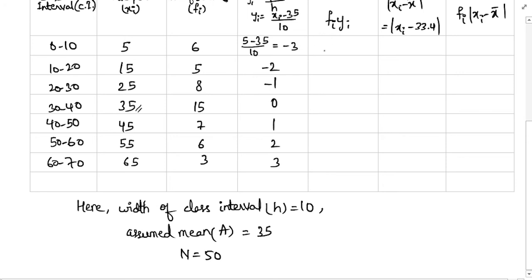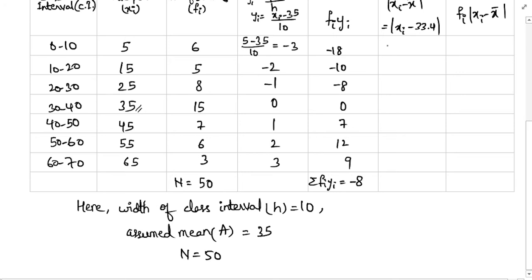Okay, so fi into yi, this will be 6 into minus 3, that is minus 18. This is minus 10, minus 8, 0, 7, 12 and 9. So the summation of this is minus 8. Okay, and summation of fi is 50.